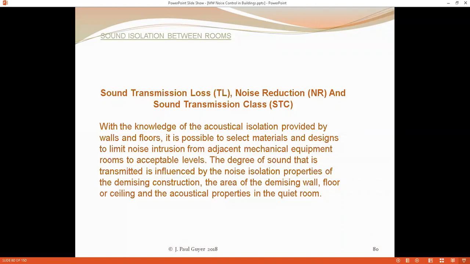field or laboratory tests. Typically these tests are conducted by a neutral testing agency like Underwriters Laboratories. The way the industry has developed is that the chipboard people want to market chipboard to the designers of buildings, engineers and architects.